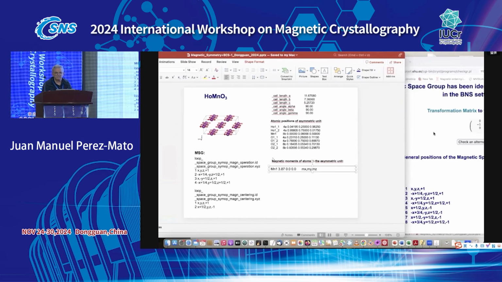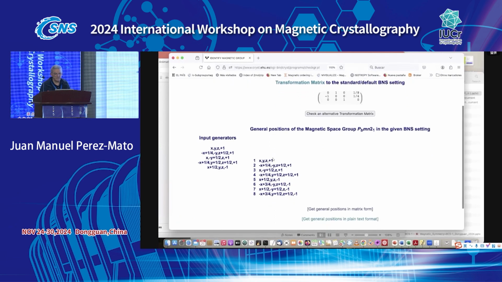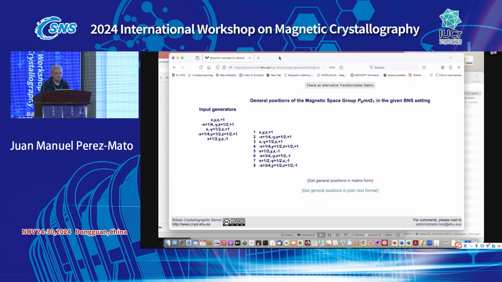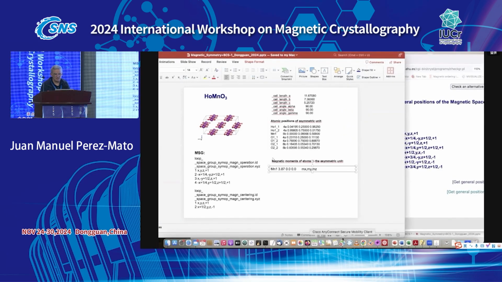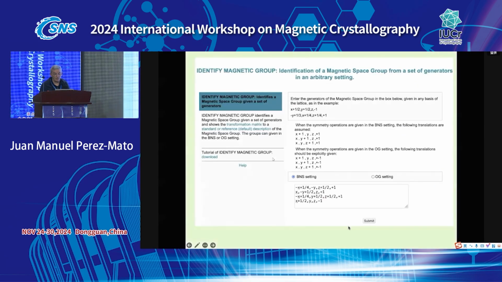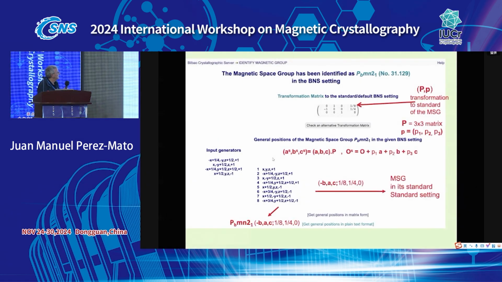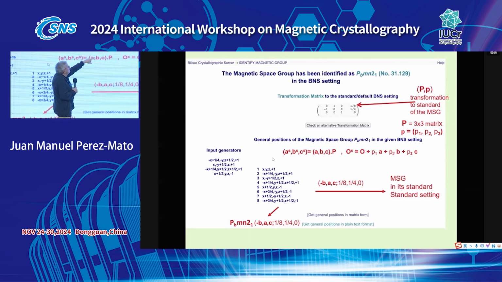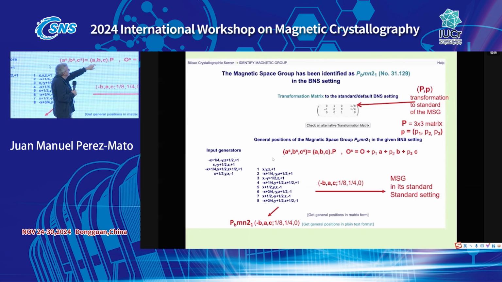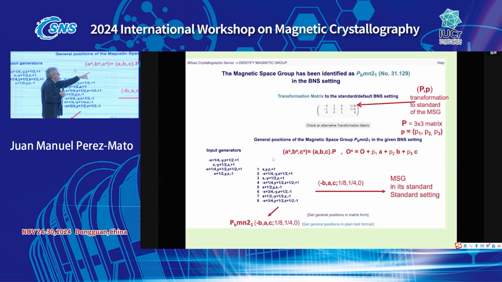And what does it mean, this matrix, which represents the transformation? Well, this matrix, I will explain it just now. Coming back to the presentation. So this is the result we have obtained here. And this is the transformation, which is a 3x3 matrix, which I call P, large P, and a translation which is the small p, and the interpretation of that is indicated here.